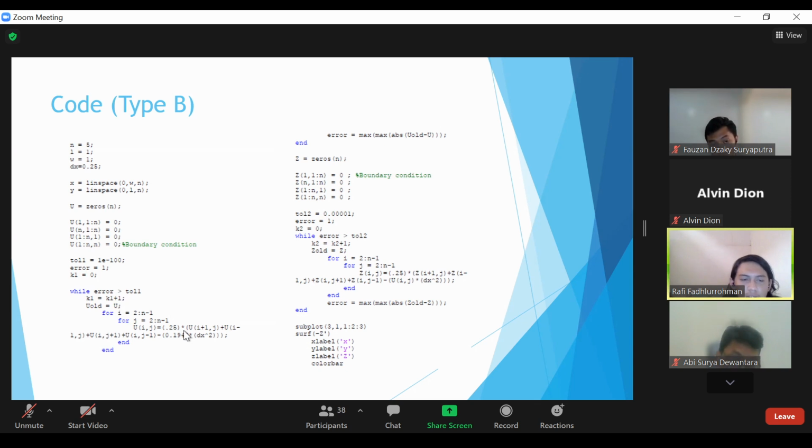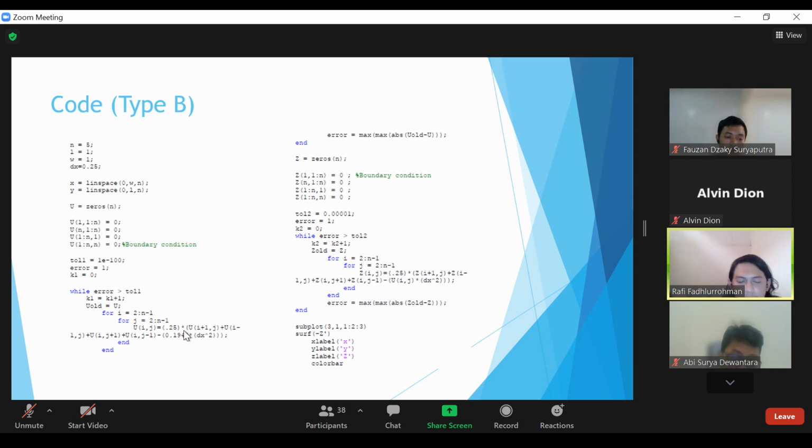So when Fauzan explained the conclusion, we know that when the tol gets a smaller number, the result will be more accurate from the analysis. So this is why the tol that we use is very small.